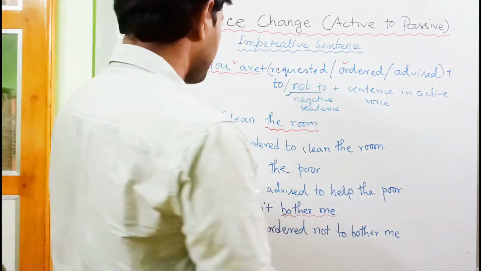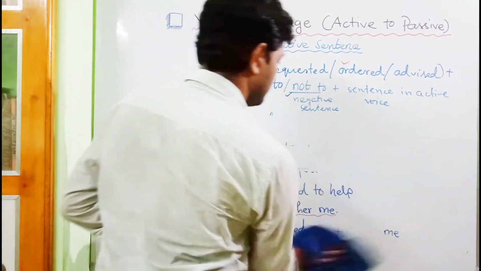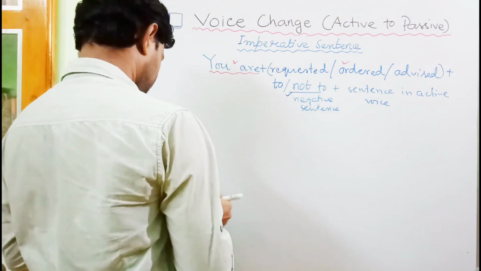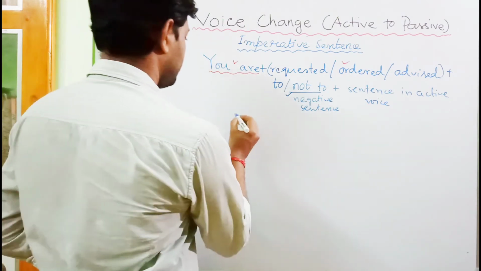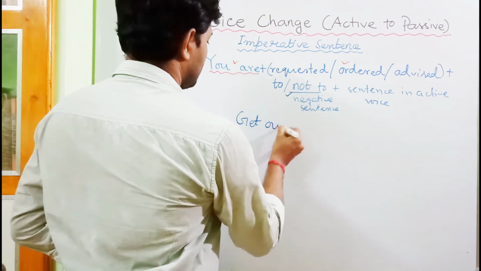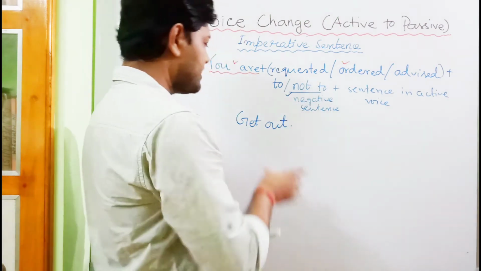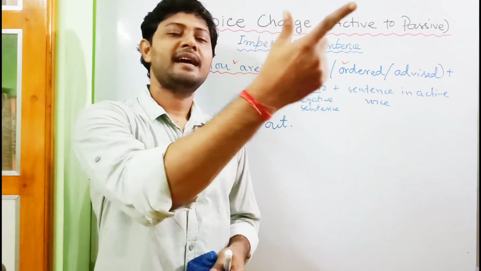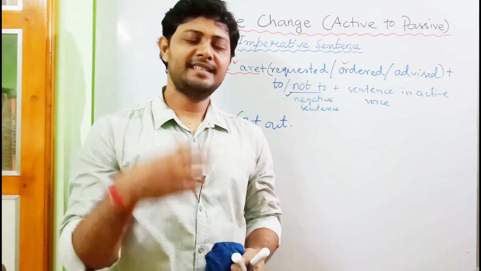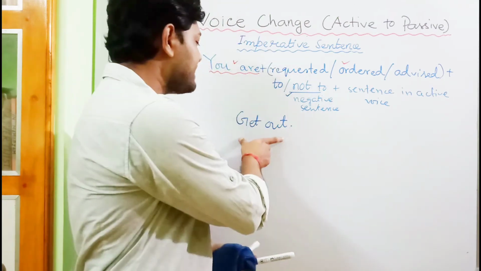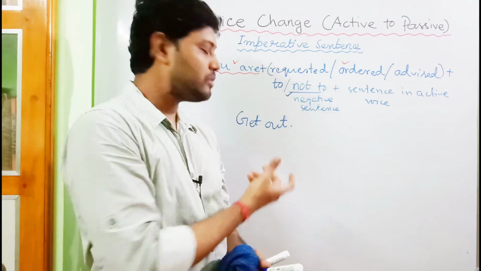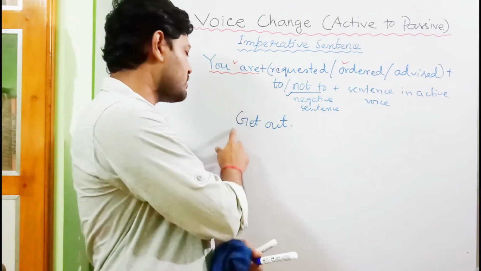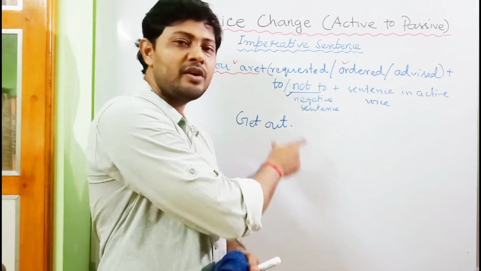For example, get out. This is an imperative sentence. Someone is telling another person, get out. It's an order, but here is no object. So how can we change it using "let"? Because we know that in the first method, after writing "let," we need to write the object.